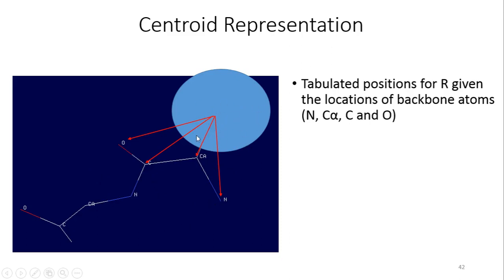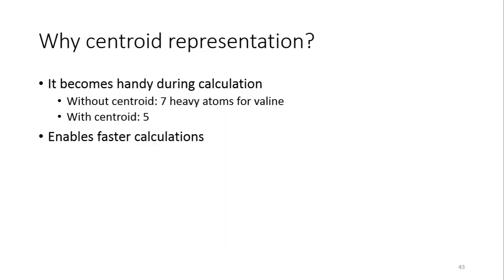Okay, so this representation was used in Simon and Baker approach, and this approach allows us to move fast during the calculations that are involved in Monte Carlo searches. Okay, so this is how they ended up creating a simplified representation of proteins for their algorithm.